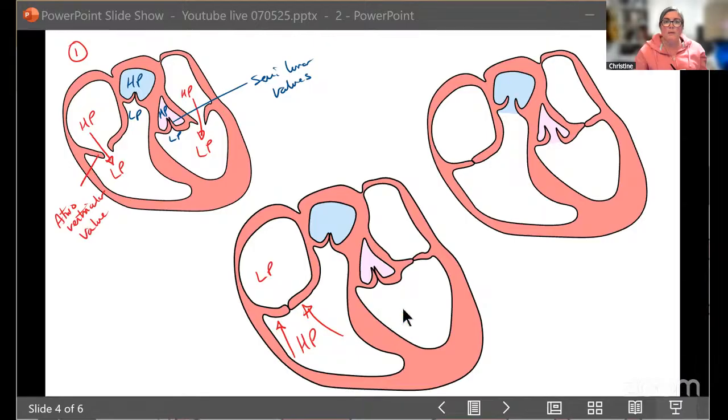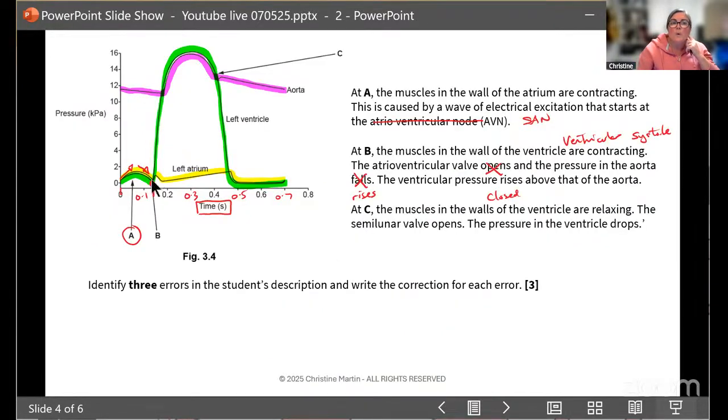When we look back at the question, we can see the ventricular pressure here is lower than the aortic pressure. Only when the green line goes above the pink line, so the pressure in the ventricle gets higher than the pressure in the aorta, will my semilunar valve open.